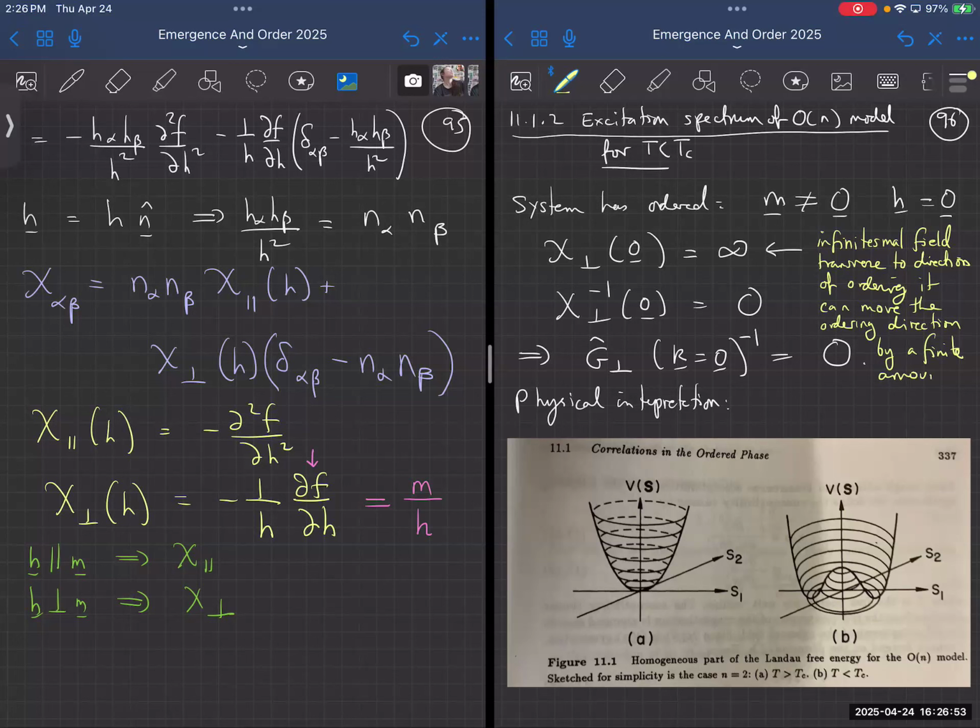That's what we mean when we say something has an infinite susceptibility. Infinite susceptibility means that the slightest push will have an order one effect, a magnitude effect. If I balance this pencil on its tip like this, which of course I'm not able to do, it's in an unstable equilibrium. If one atom of air flies into this and pushes it, it will fall over. The infinitesimal kick will have a magnitude effect. So what we've shown here is that an infinitesimal field transverse to the direction of ordering will move the ordering direction by a finite amount.